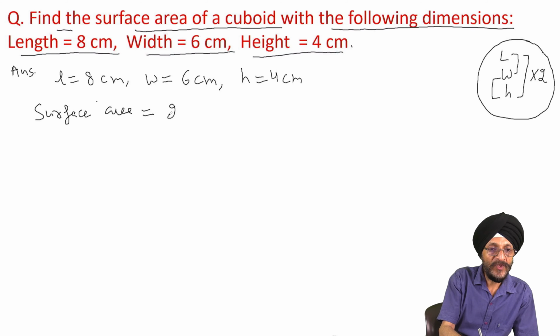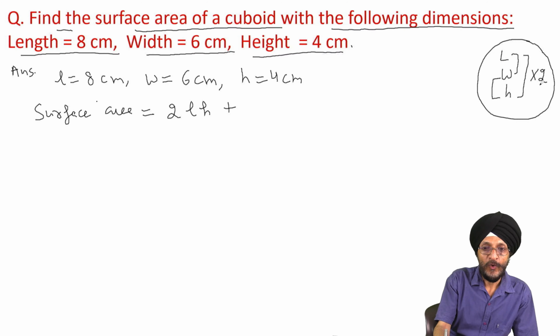It is 2L multiplied by H plus 2L multiplied by W, which we had forgotten. Now 2 W multiplied by H.